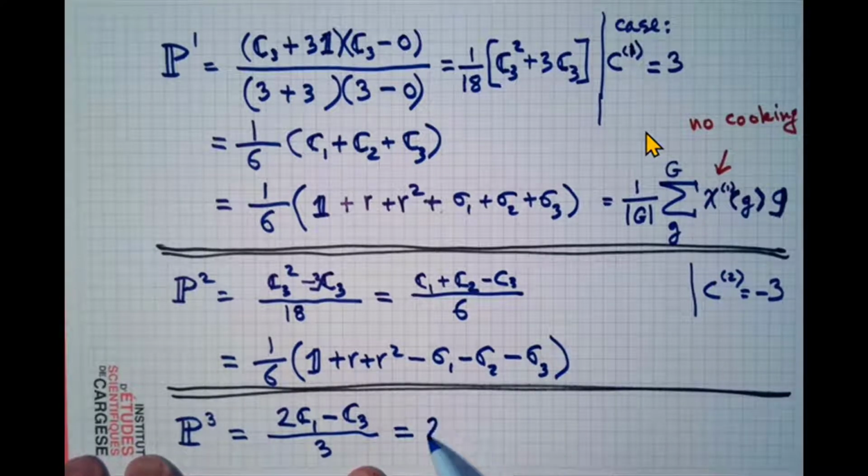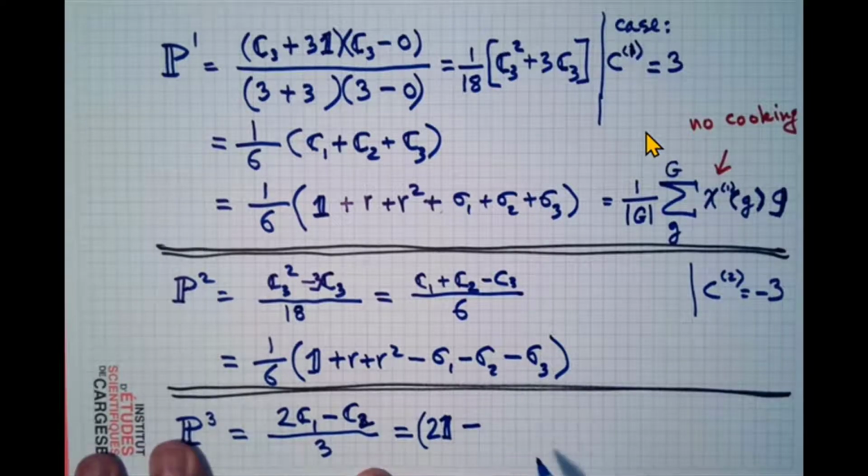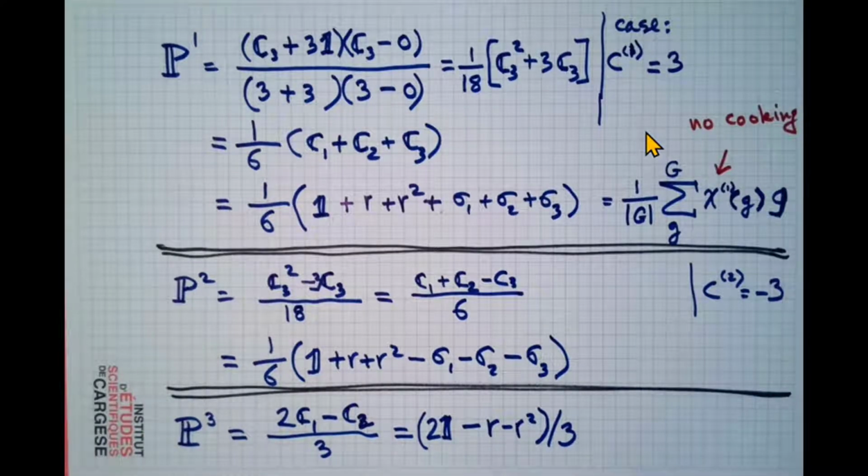And this is 2 times I. Identity representation minus the 2 rotations and no flips. This representation is kind of not obvious to me. It doesn't depend on flips. It's orthogonal by construction, so it's an irreducible space. It's a good space, but it's not too obvious.